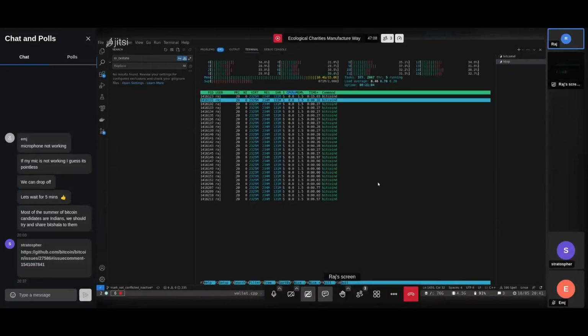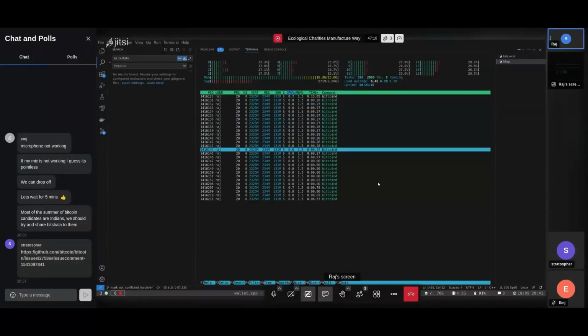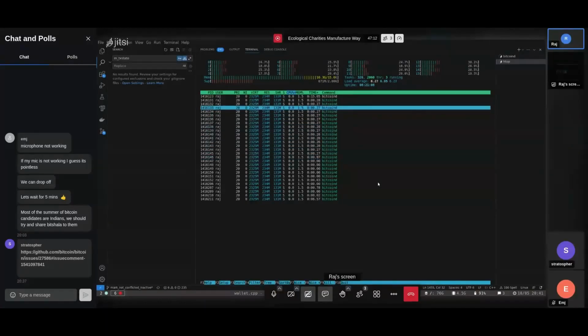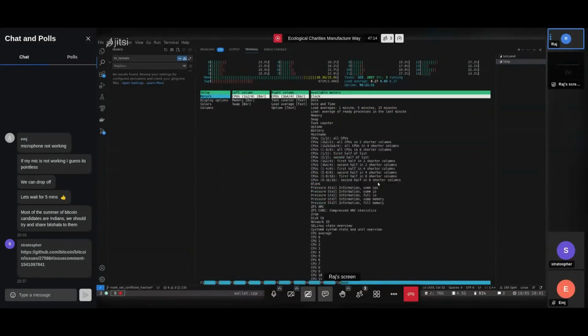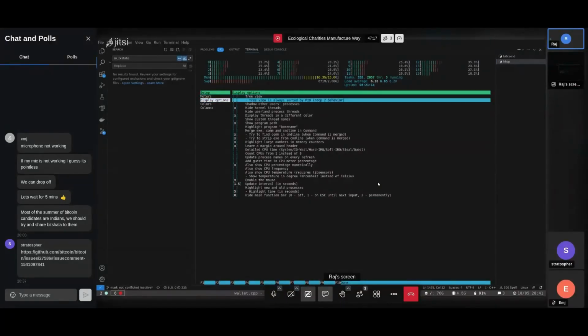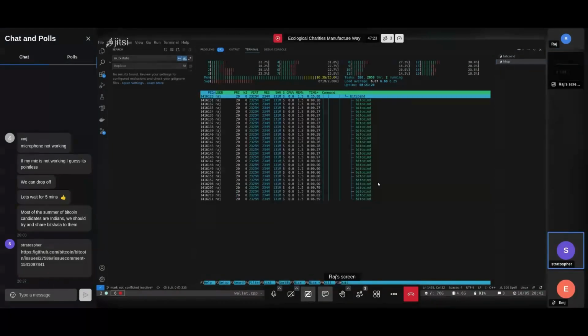Okay, Bitcoin D, Bitcoin D, Bitcoin D. But we don't see the thread names. So display option, show custom thread names.